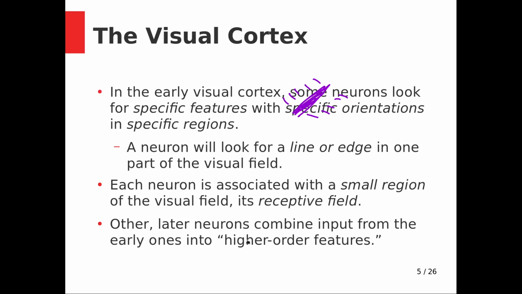So we refer to the region of your vision that a neuron is responsible for as its receptive field. Other later neurons are responsible for combining that information into higher order features. So early neurons are looking for edges, light, shadows.